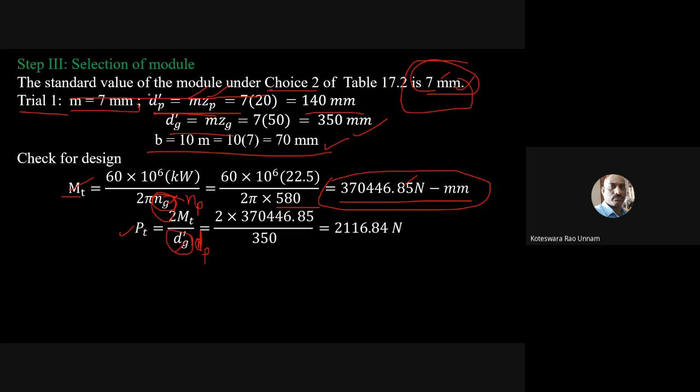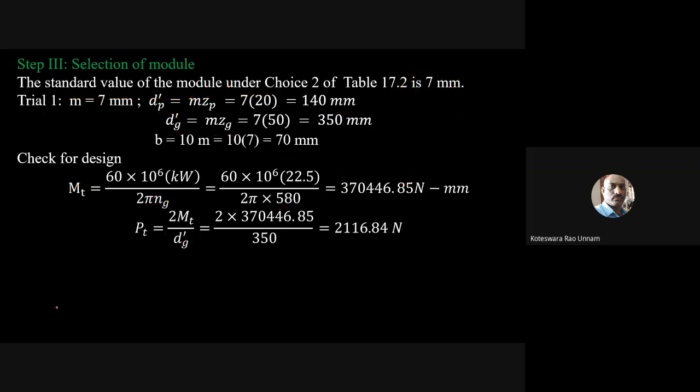But while designing earlier things, you have to follow the gear symbols only. So that's why he has taken only the gear parameters in this case also. But if you want, you can take NP and DP also, no issue. But up to this point, selecting the module, you have to choose the gear parameters because the gear is the weaker one.